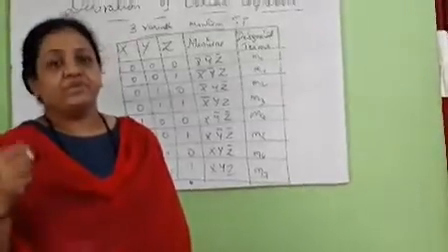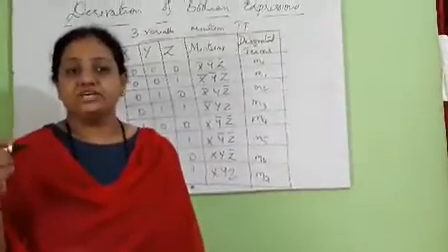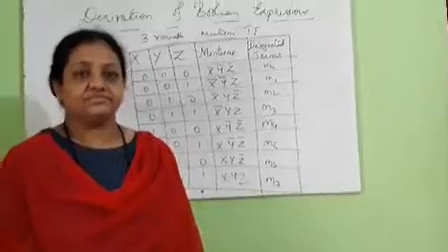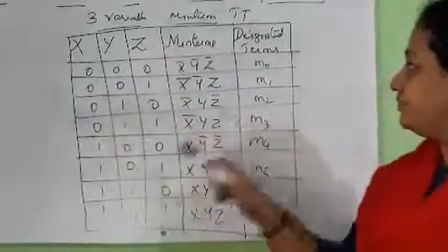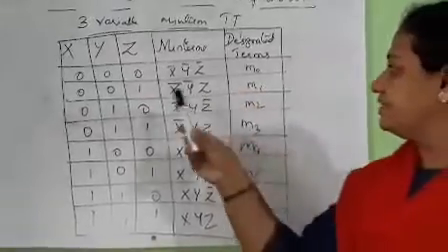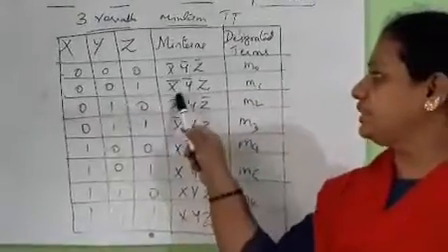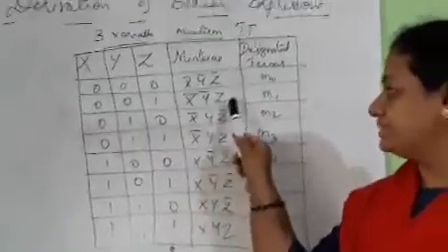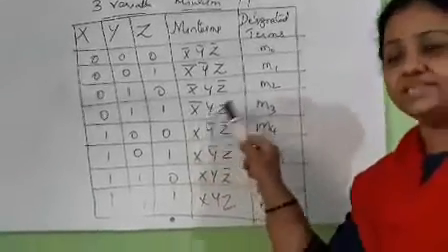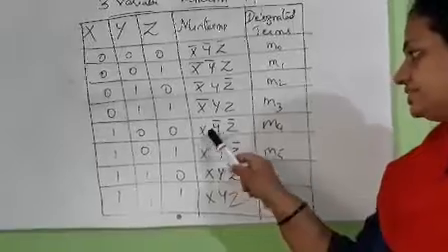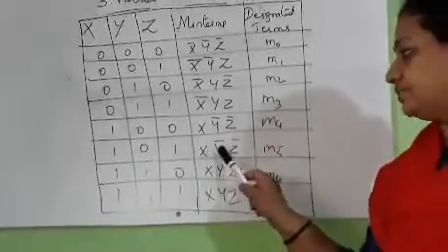You write it by yourself so that you get a practice of that. Kindly have a look. So x bar y bar z bar 0 0 0, 0 0 1 is x bar y bar z, x bar y z bar, x bar y z, x y bar z bar, x y bar z.